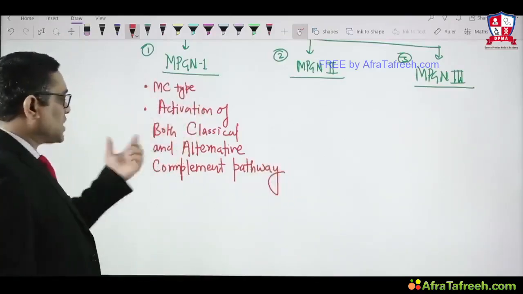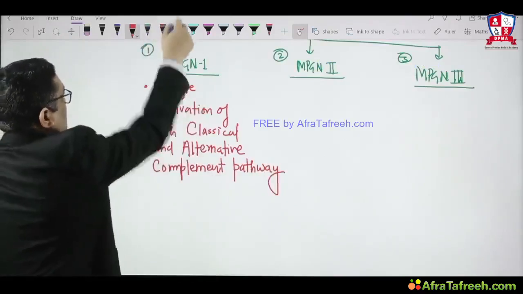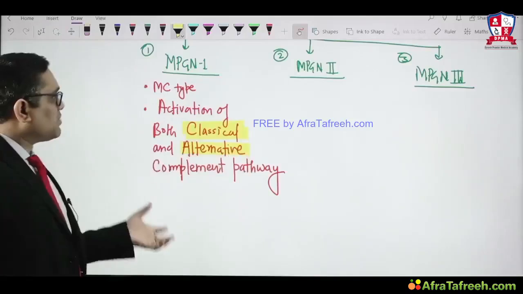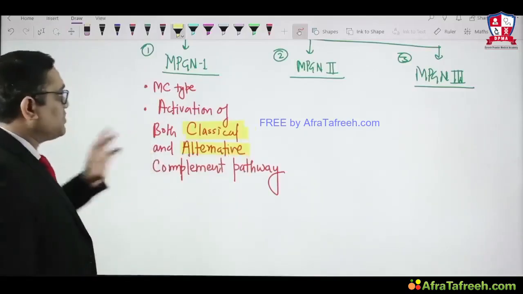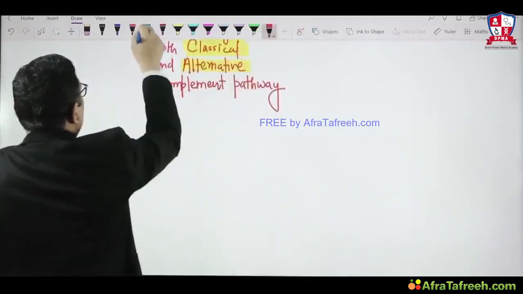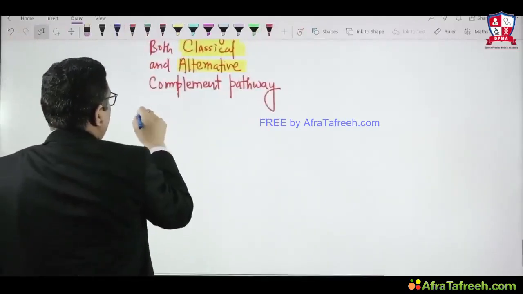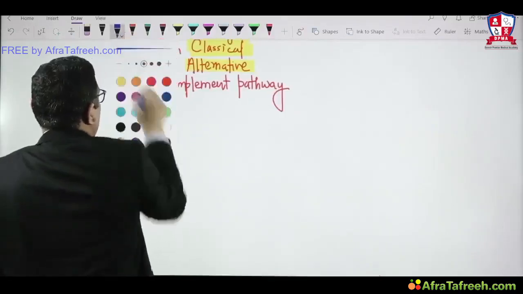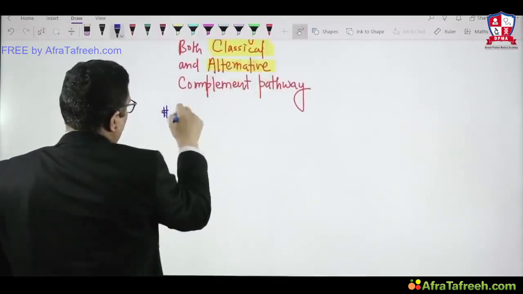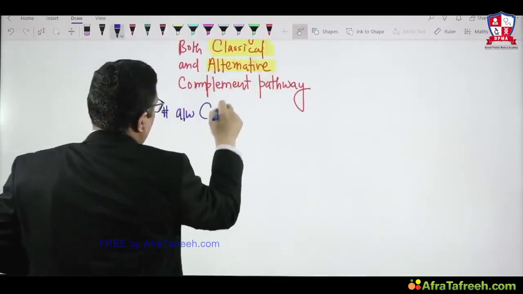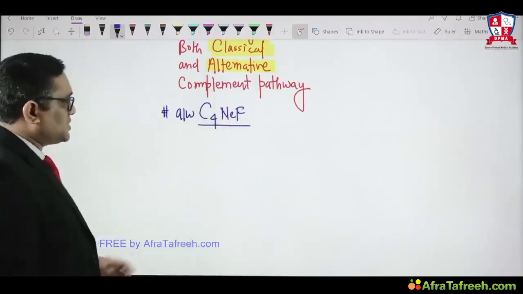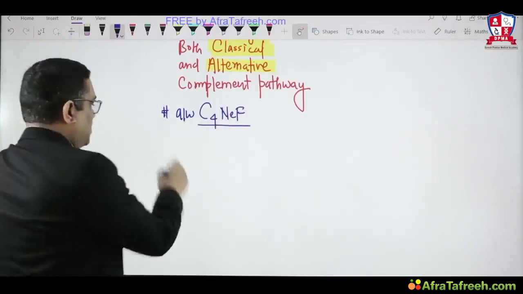That is the important point to notice here. And which nephritic antibodies are involved? That is another important MCQ which the examiner can ask. In this case, the nephritic antibodies are C4 nephritic factor antibodies.